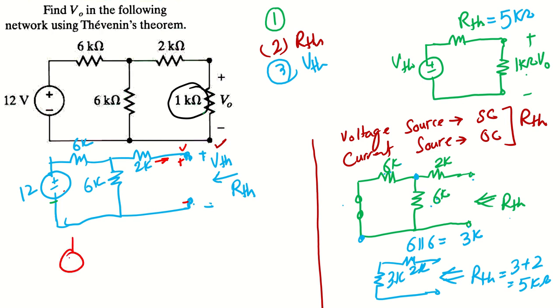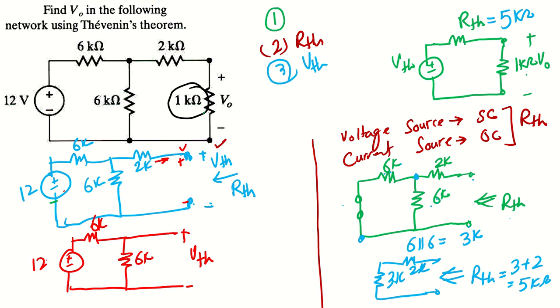So I can redraw this circuit like this. This is 0. So the point where I want to find the voltage: this is 6K, this is 6K, this is 12 volt.